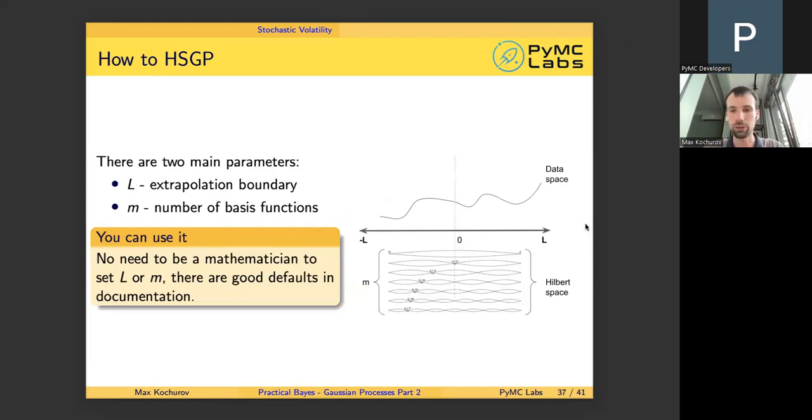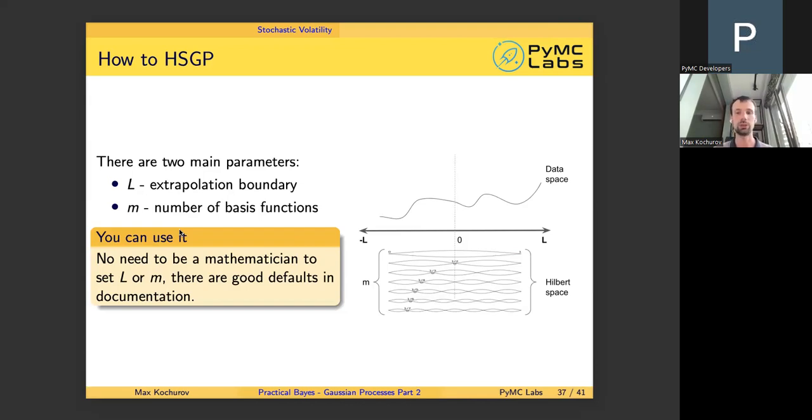There are some parameters that still need to be elaborated on in this HSGP approximation. One of them is the extrapolation boundary. The approximation doesn't work on the whole real line.